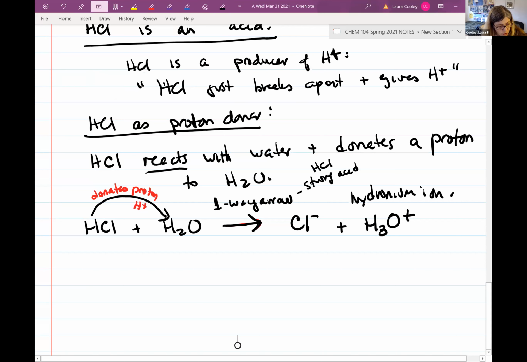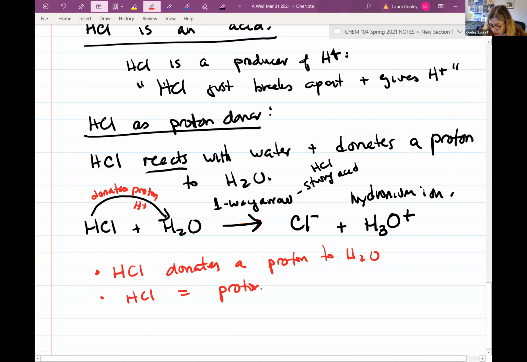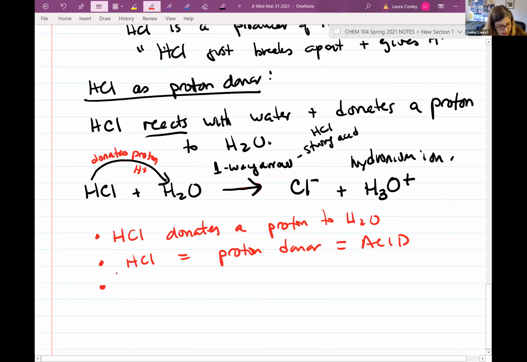Now if we summarize what happens, we'd say HCl donates a proton to water. So, of course, HCl is a proton donor, so it's an acid. Then we would look at this and say, okay, water is accepting a proton. That's exactly what it's doing here.